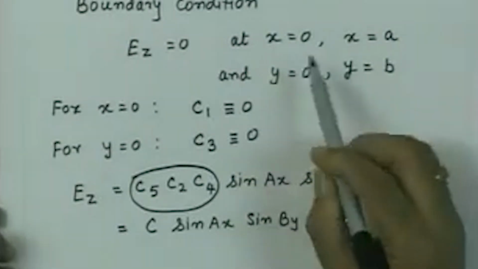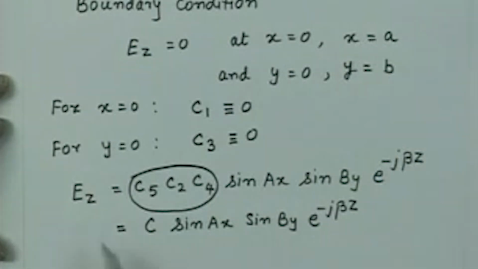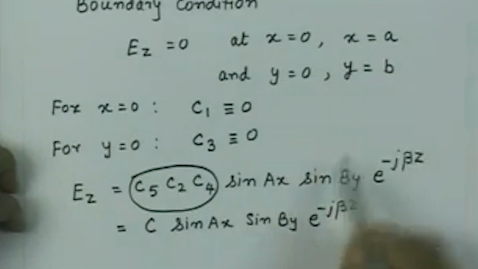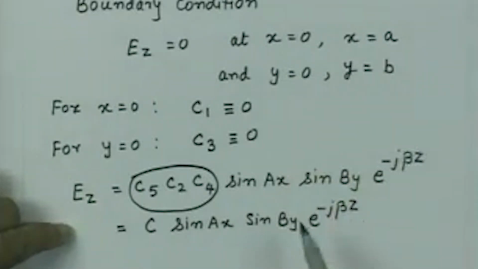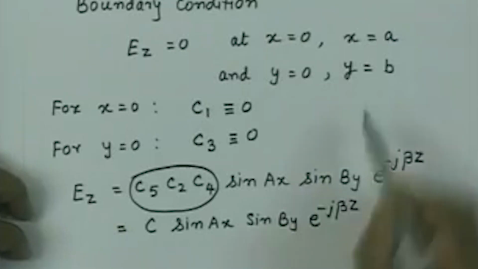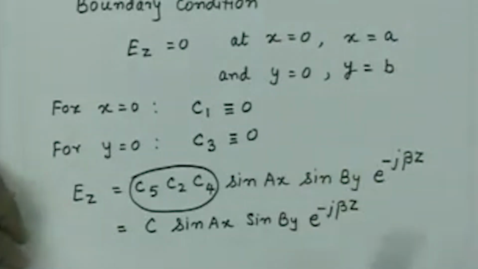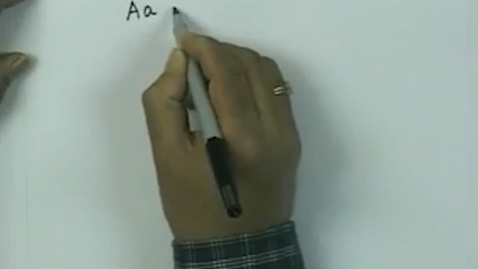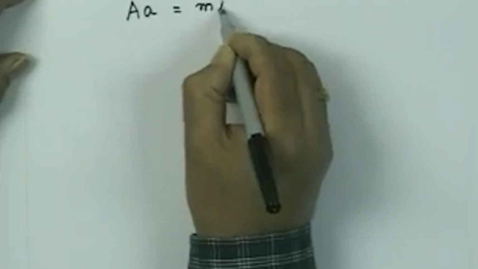Now, apply a second boundary condition, that when x is equal to a, again this quantity Ez is 0, and that can happen provided this small a times big A is a multiple of pi. Similarly, from the boundary condition that Ez should be 0 for y equal to b, if this B times b is a multiple of pi, then again this quantity will be 0. So, from these two boundary conditions, x equal to a and y equal to b, we get that A times a should be equal to some multiple of pi.